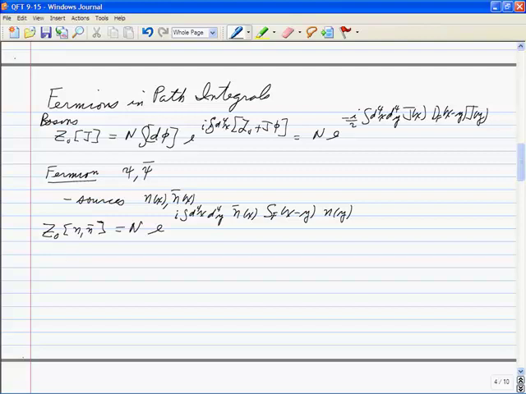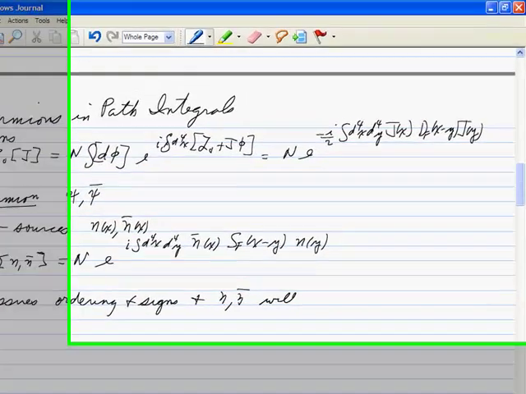Okay. There are going to be issues. There are going to be ordering issues, and there are going to be signs that you have to watch out for, and eta and eta bar will have to be anticommuting.